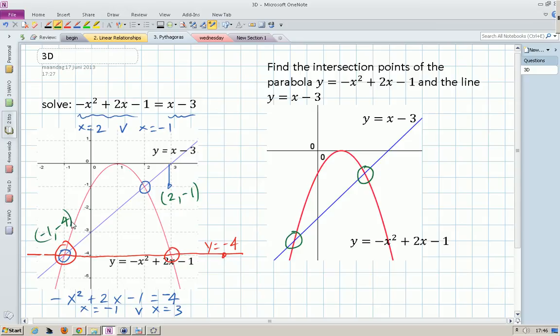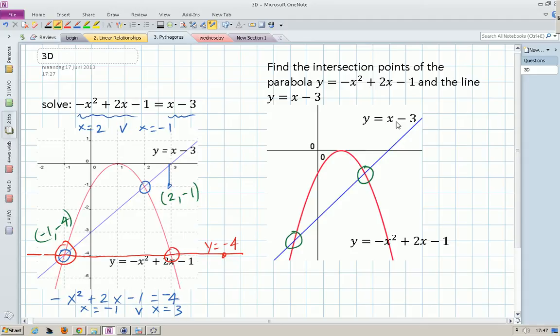These are the two answers to this question, but isolated like this, we need to find these in a different way. We can't read it off the graph. The way we do that is to solve the equation algebraically.